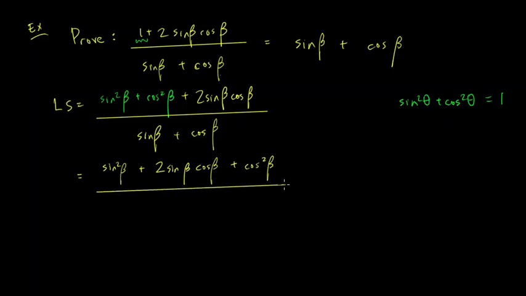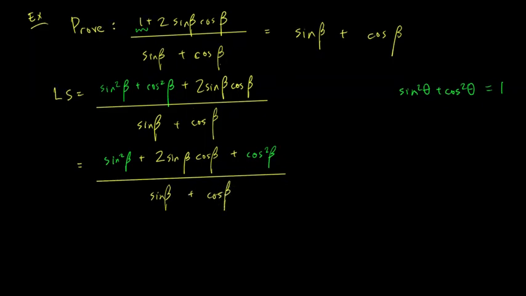So, let me just use some color here. You need to be able to see that this is a squared, this is 2ab, plus b squared.